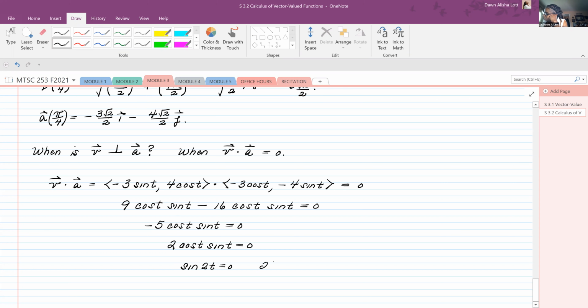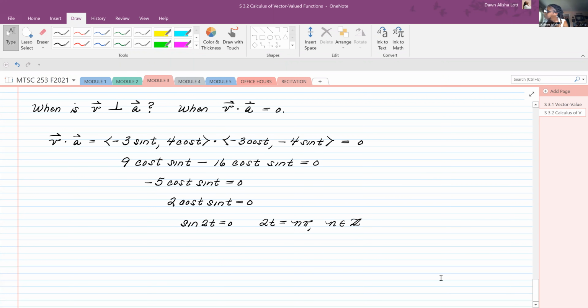So that says 2t is a multiple of pi, so that says t is n pi over 2. Okay. All right. Do some differentiation rules.